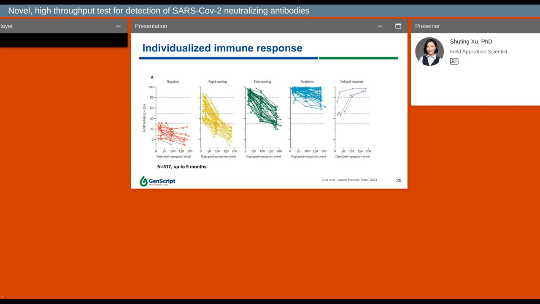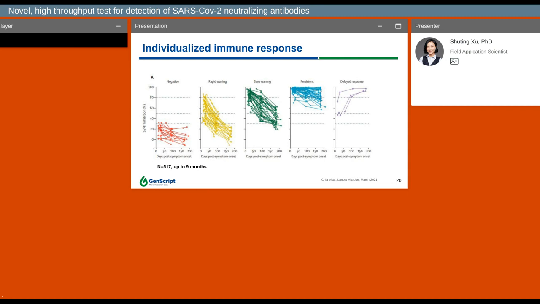From the beginning till the end they maintain a very high amount of neutralizing antibody response. And the last group, which is quite special and individual, has a relatively medium level of response in the beginning and somehow a higher response later. It could be due to a second infection or other diseases, which they need to find out later.